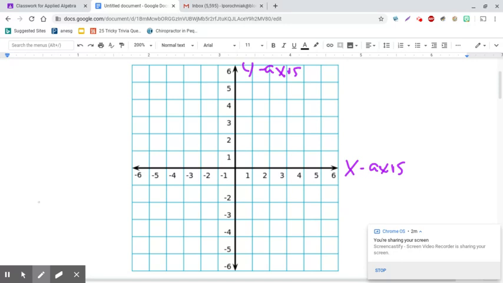And your y-intercept is where your line crosses the y-axis, right? We've discussed this, so hopefully this is not new. So then probably the x-intercept would be where it crosses the x-axis. Okay, so we're just going to do some problems where we have to state our x and y intercepts.